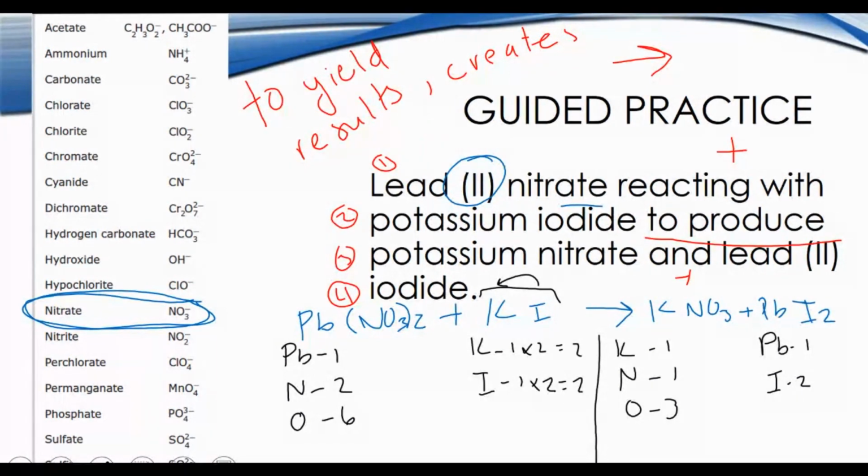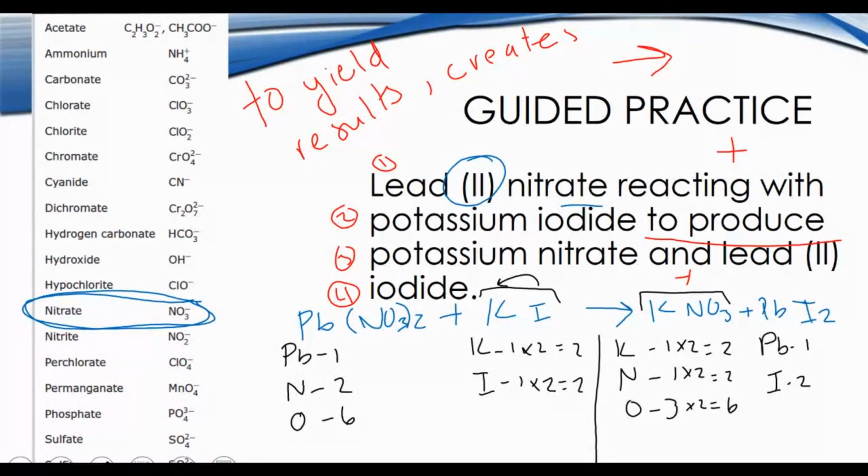Now, I have fixed my iodine, but created a new problem because my potassiums don't match up anymore. I started with 2 potassium, so I better end with 2 potassium. So I'm going to multiply it by 2. And because potassium is part of a compound, what I do with potassium will affect everybody else in that same compound. So I have to multiply everything in there by 2 as well.